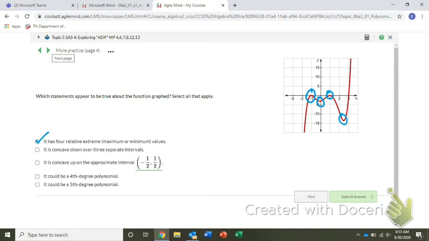So yes, that is correct. It says it is concave down over 3 separate intervals. Well, it's concave down here, and it's concave down here. That only looks like 2. So that can't be right.